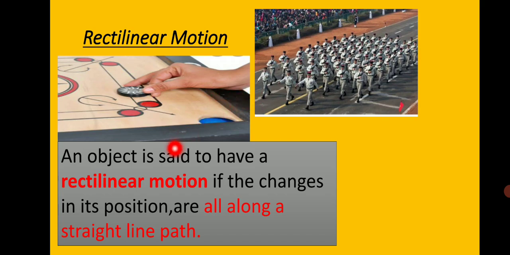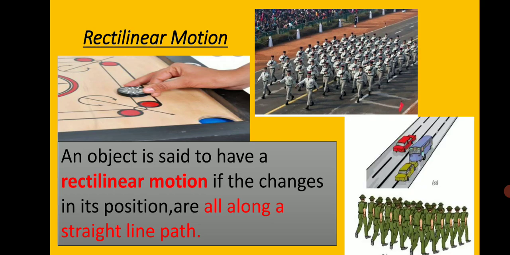So we can say rectilinear motion is that type of motion in which an object changes position along a straight line path. An object is said to have rectilinear motion if the changes in its position are always along a straight line path. For example, a moving motor and the march past of the navy and merchants.